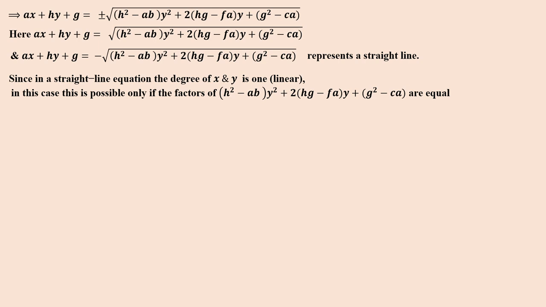If it is a straight line equation, then the factors of the expression inside the square root, that is the term (h square minus ab) y square plus (2hg minus fa) y plus g square minus ca, should be equal roots, right? When you are factorizing the quadratic equation, you will get linear factors, right?